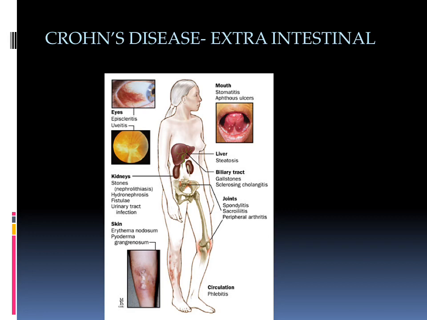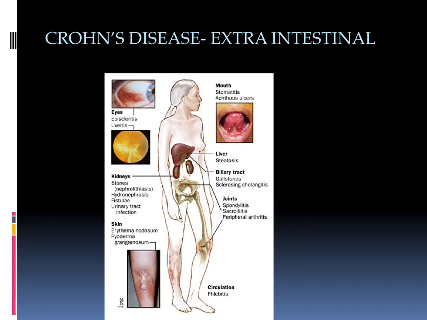Episcleritis can happen. Kidney stones are usually associated with Crohn's disease. Some hepatic steatosis, biliary tract disease, and gallstone formation are much higher among patients with inflammatory bowel disease, while primary sclerosing cholangitis is a particularly unique phenomenon. It can precede ulcerative colitis by 10 years. It almost always happens with ulcerative colitis.